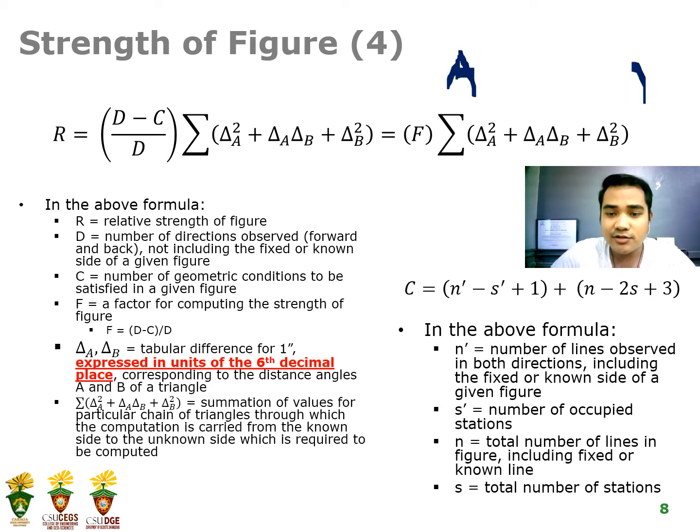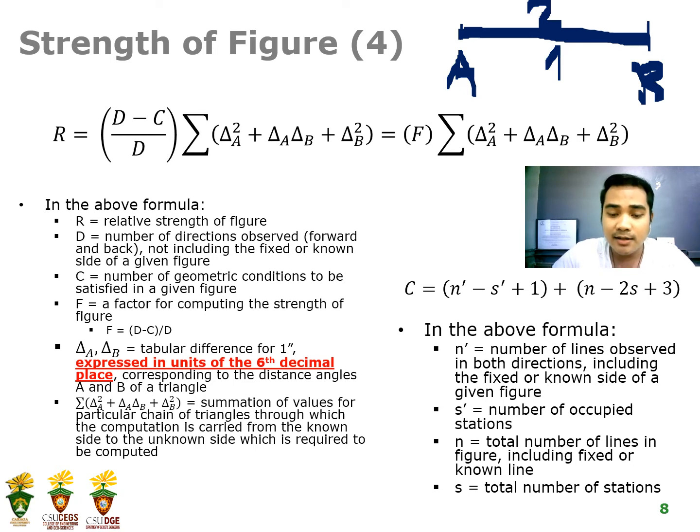and this is the station B. Tapos natay from station A ato siyang i-observe going to station B, and so as station B going observe to station A. So na ang iyang D ana niya is 2, di ba? Kaganina. So pero sa N prime is 1 na lang siya. Number of lines lang gipangita ang gi-observe in both sides.